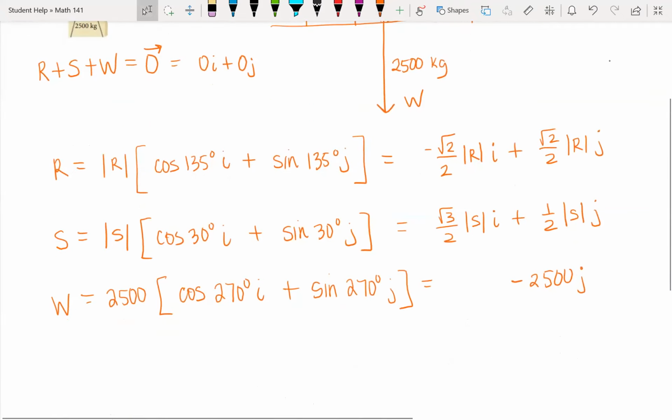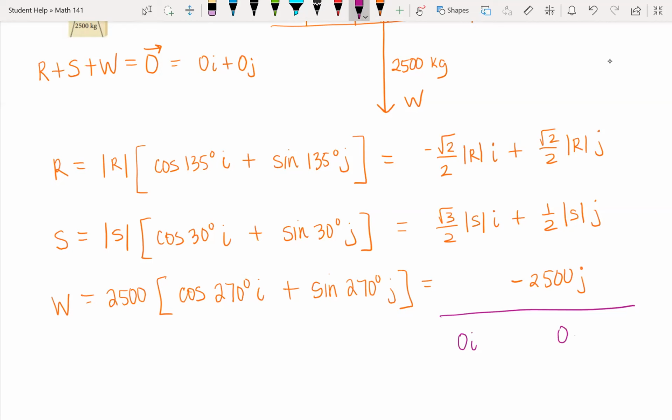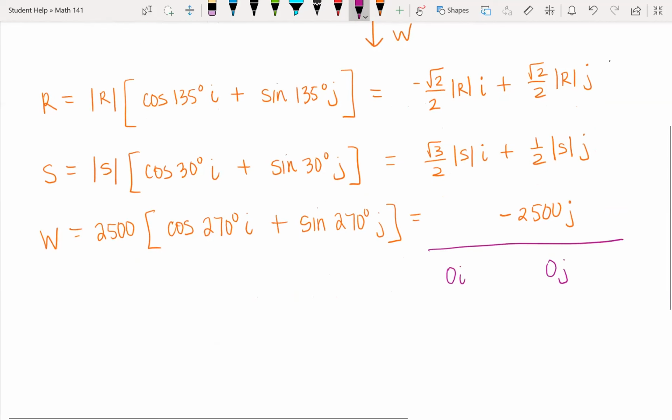So everything that I have here is a system of equations, and I need them all to equal 0. I'm going to put the I components together and the J components together. So I've got two different equations, right? The I side should total out to 0I, and the J side should total out to 0J.